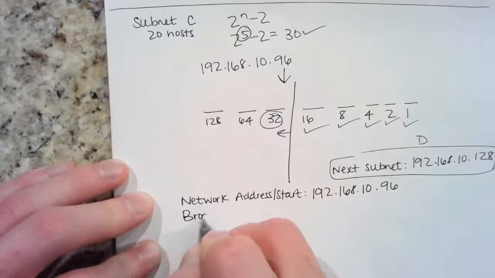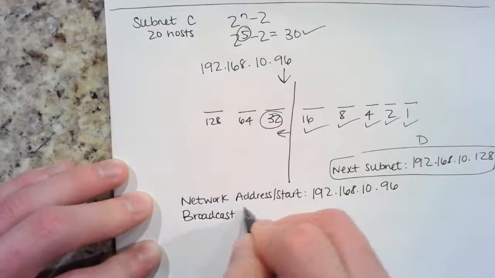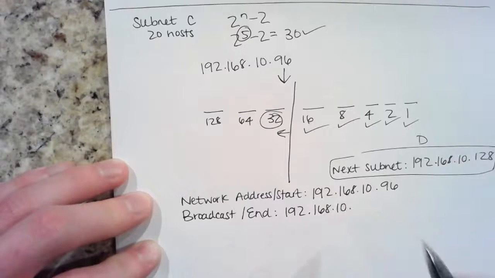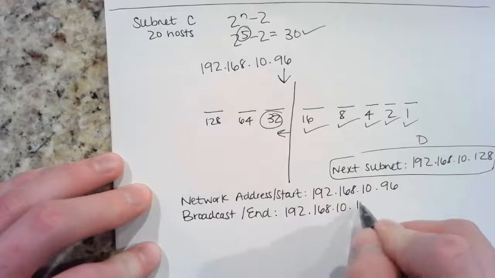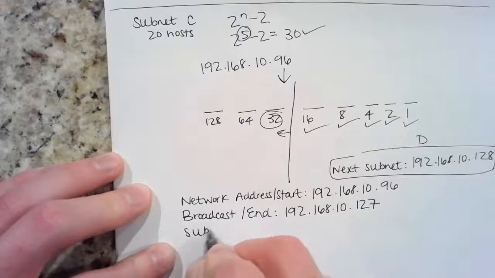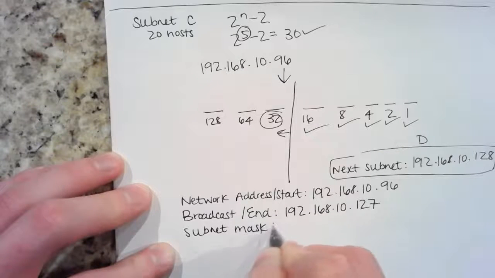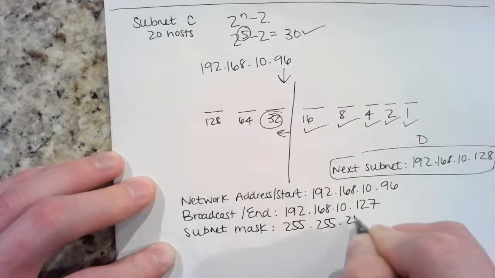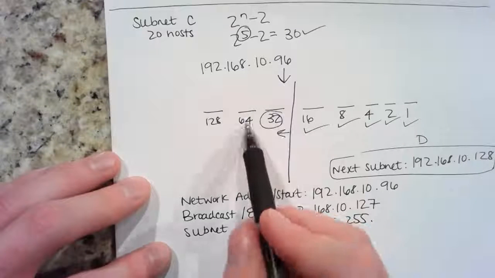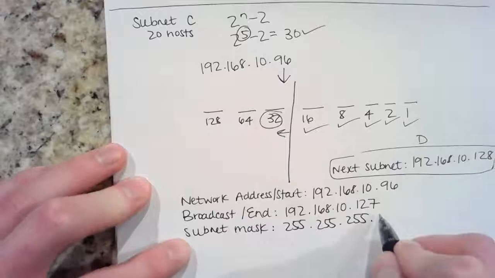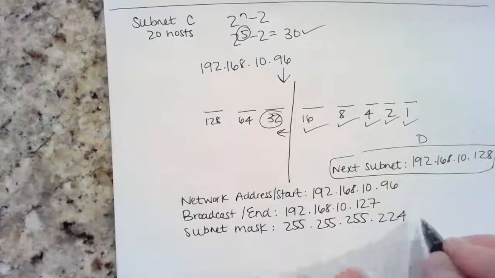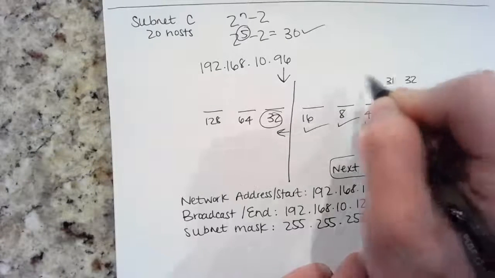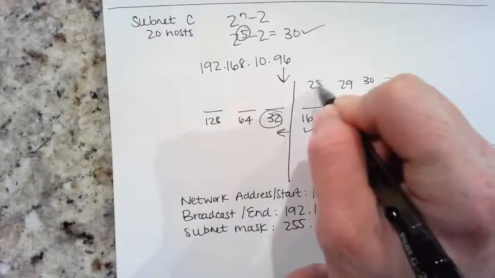Our broadcast or end is going to be 192.168.10 dot, and we're going to back up one from that, so it'll be 127, and our subnet mask is going to be 255.255, and we're still in that last octet, so we're going to add 32 plus 64 plus 128, so you notice that it will still be 224 or /27, because remember, this is your 32nd 0, 31st, 30th, 29th, 28th, 27.